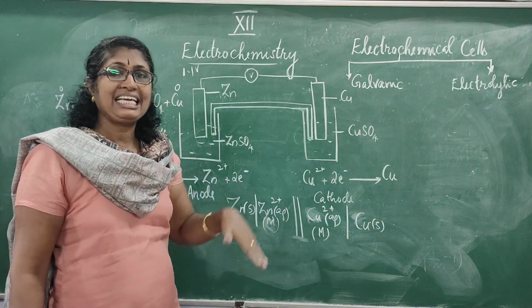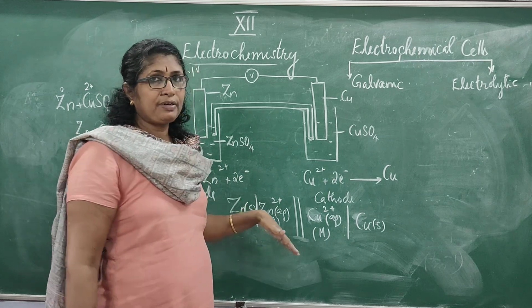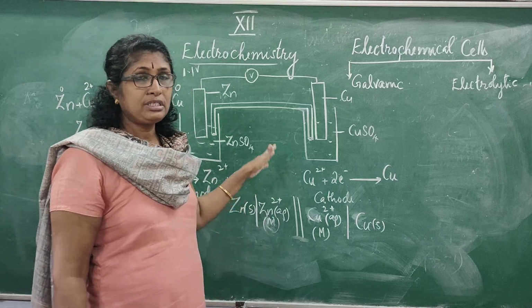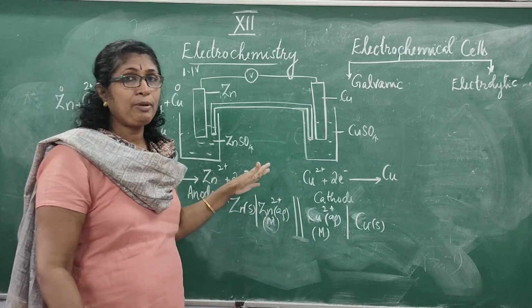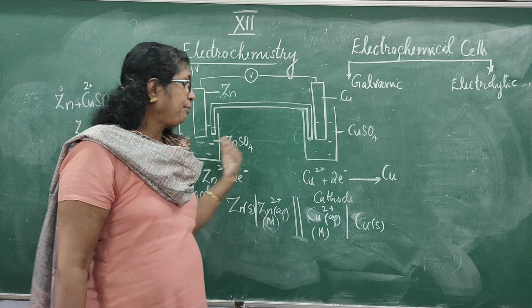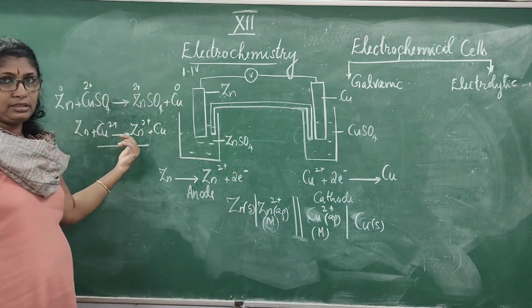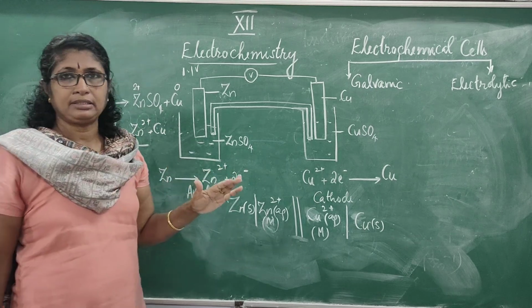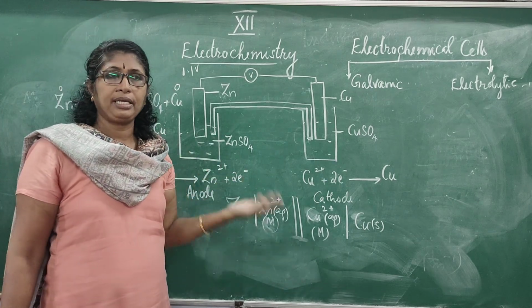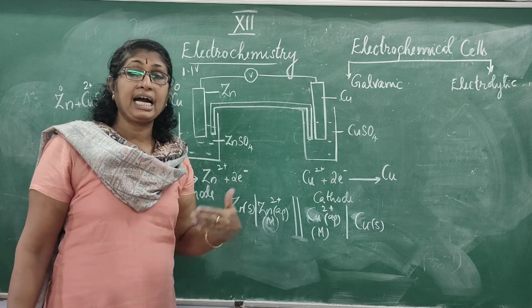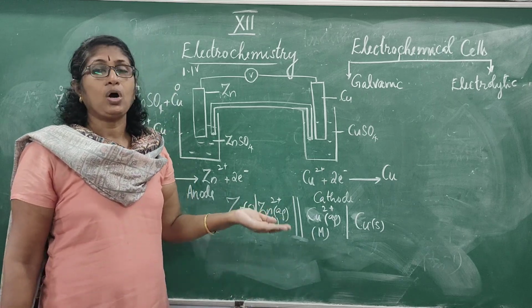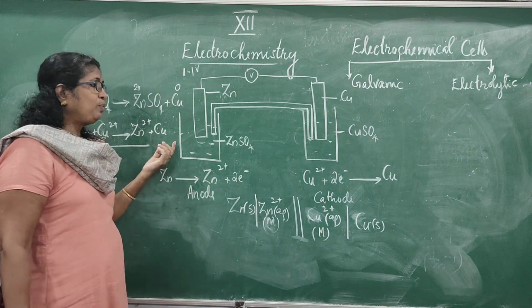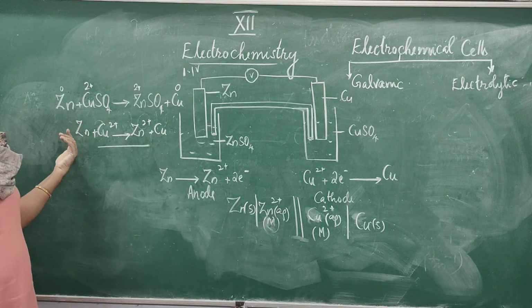If an external supply of current is given to this cell, then what happens? Till 1.1 volt, the same reaction will take place. Then at 1.1 volt, no reaction will take place. Then beyond that, what will happen? If you give a voltage higher than 1.1 volt, the opposite reaction will take place. That is, Zn2+ + Cu will give Cu2+ + Zn.